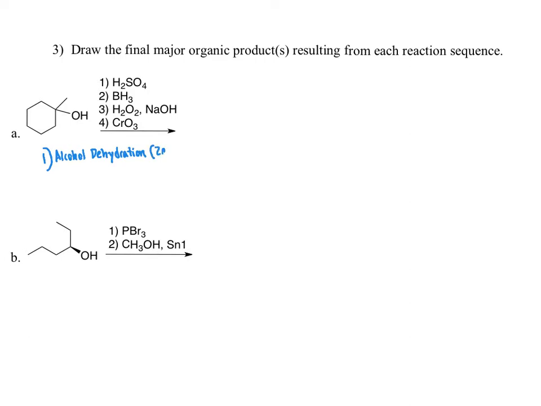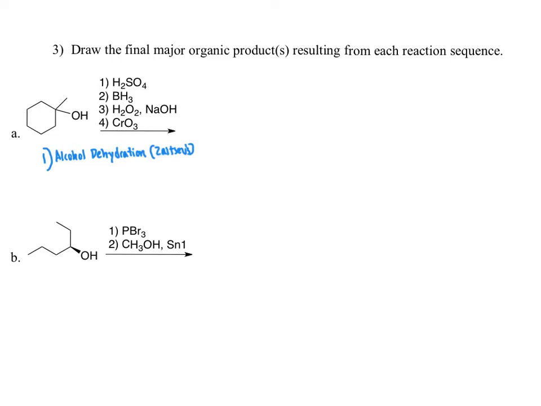And in the alcohol dehydration reaction, we do follow Zaitsev's rule, where the alcohol group is going to be the leaving group in this reaction. And what happens is, since we have a relatively strong acid here, the alcohol gets protonated, picks up a proton from the acid. The alcohol leaving group is going to leave.